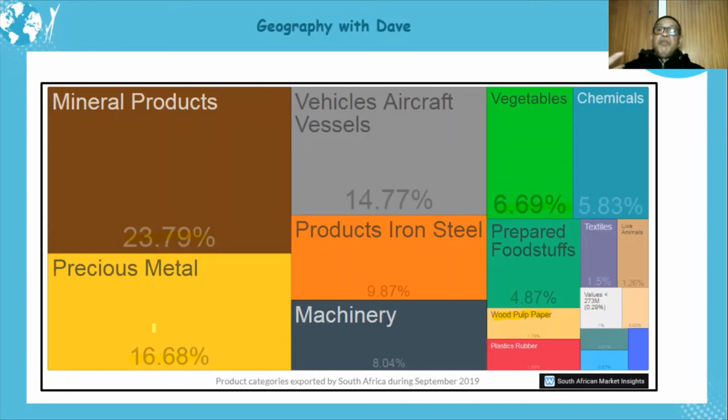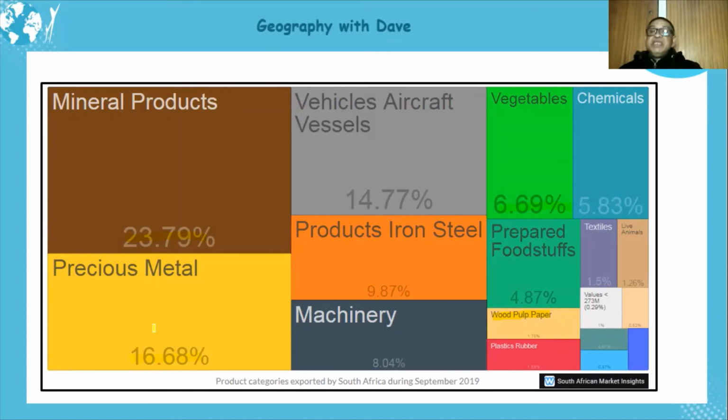If we just sell our precious metals at 16.68%, we sell it straight, we sell mineral products, or if we just make iron and steel and sell it, we get a certain amount of money because we processed it. But what about making the full product in the country? If we make the full product in the country, we sell it for a much higher price.